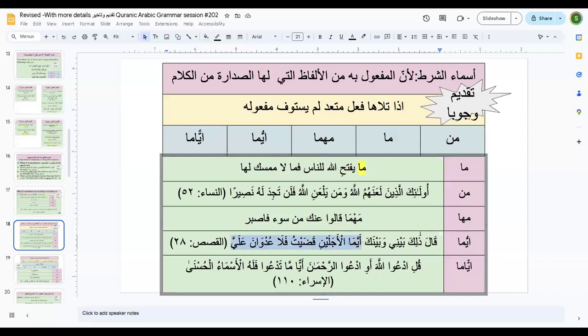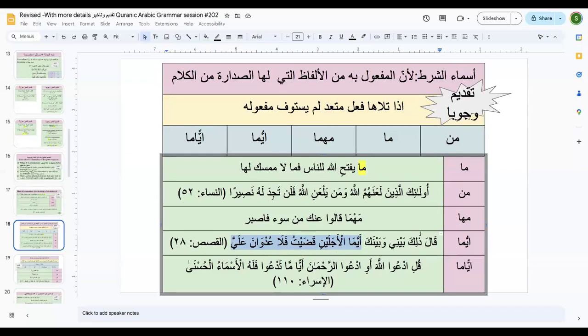In this sentence, with jumla shartiya and jawabu shart, this is the beginning. Qadaitu is going to be fi'lu shart jazim, فاء الرابطة فاء رابطة لا أدوانا لا نافية للجنس أدوانا اسم لا، عليه is going to be جار والمجرور متعلق بالخبر.